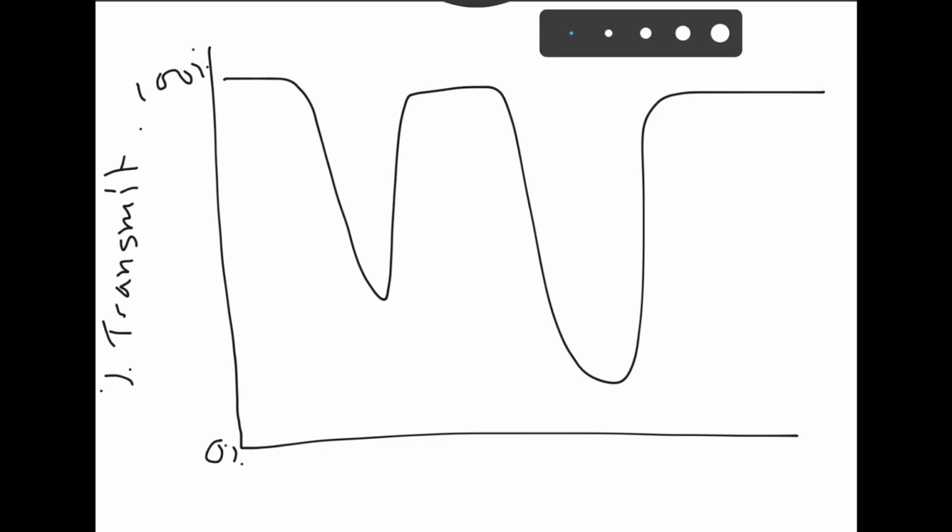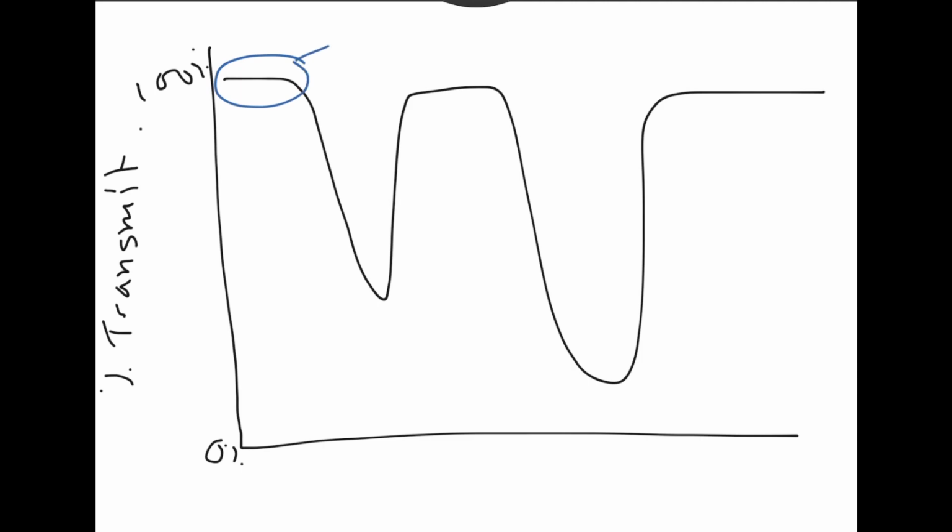So when you have these peaks up at 100, no light was absorbed, which means all the light was transmitted through the sample. You lost none of it. When you have a peak, that means there was a bond that absorbed light at that wavelength to vibrate.